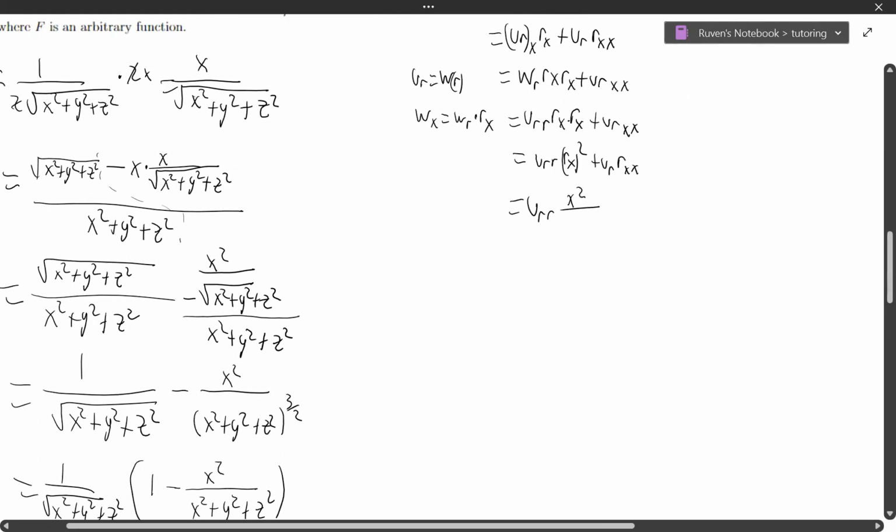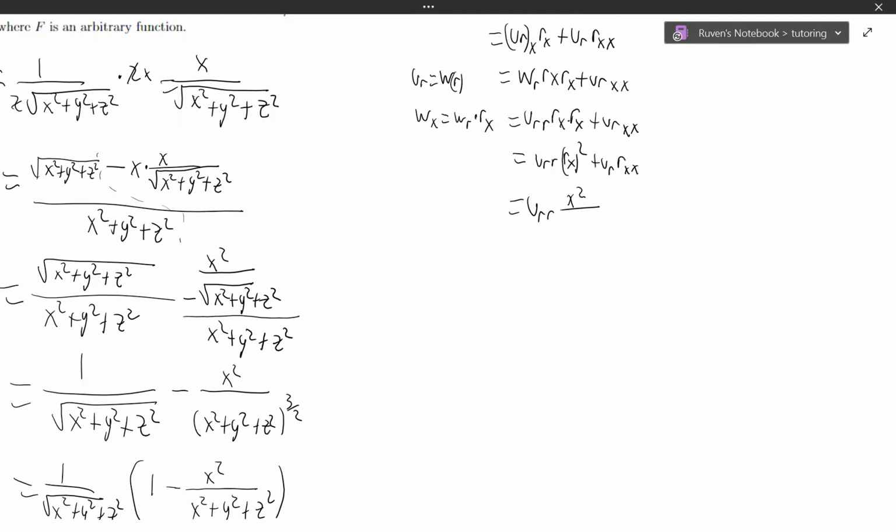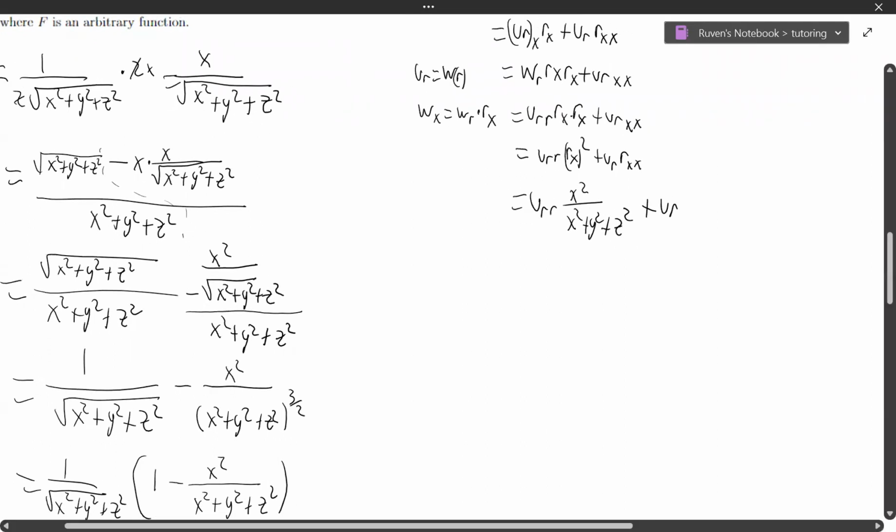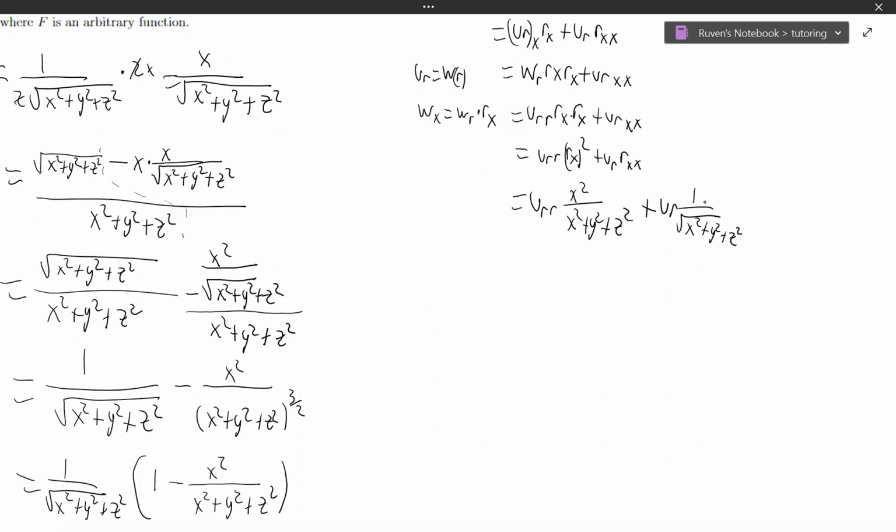If I'm squaring this over here, it's going to be x squared plus y squared plus z squared, plus UR and Rxx is then 1 over the square root of x squared plus y squared plus z squared times 1 minus x squared over x squared plus y squared plus z squared.